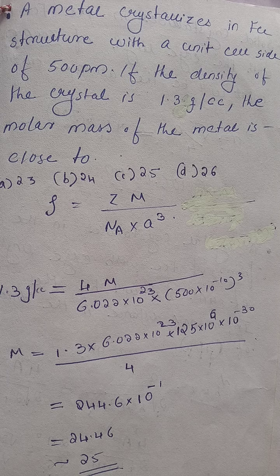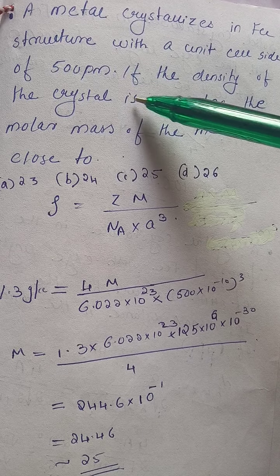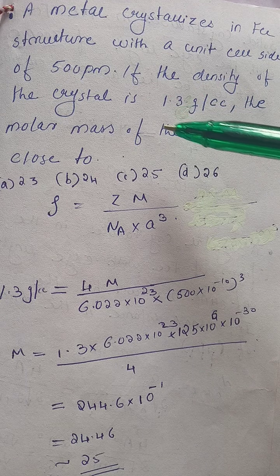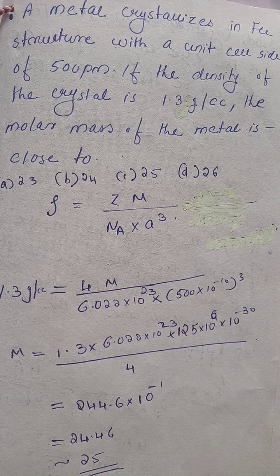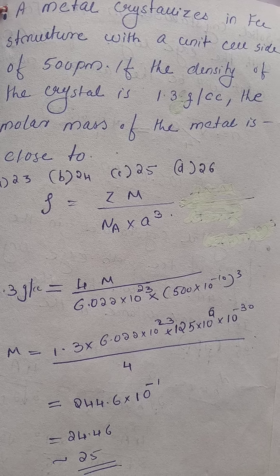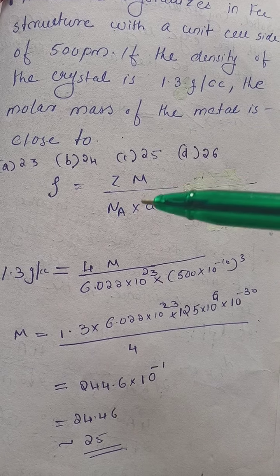Next question. A metal crystallizes in FCC structure with a unit cell size of 500 picometer. If the density of the crystal is 1.3 gram per cubic centimeter, the molar mass of the metal is close to... So we have to find the mass. It can be found out directly by substituting.